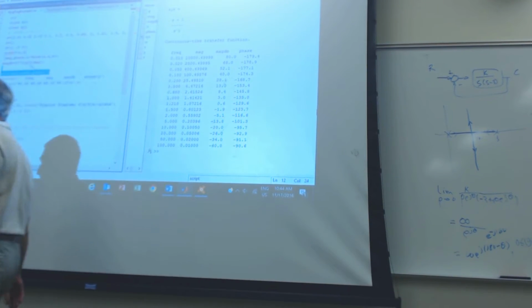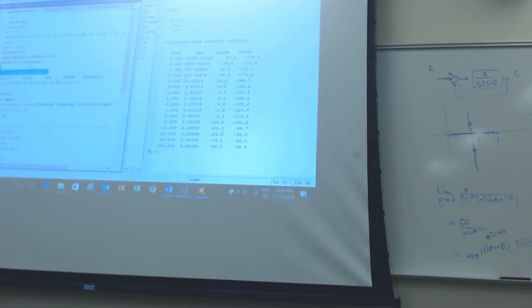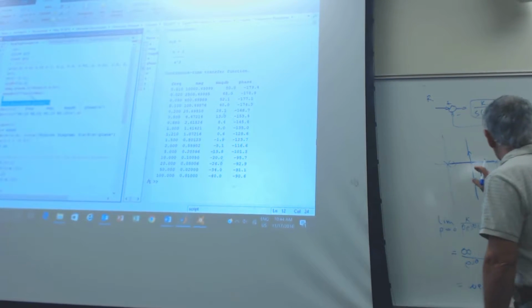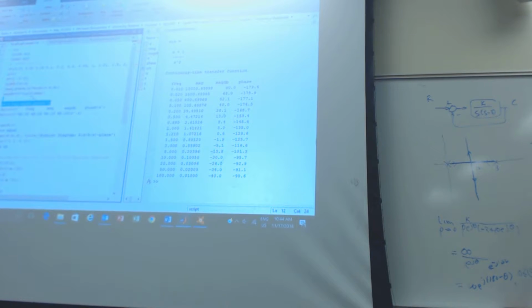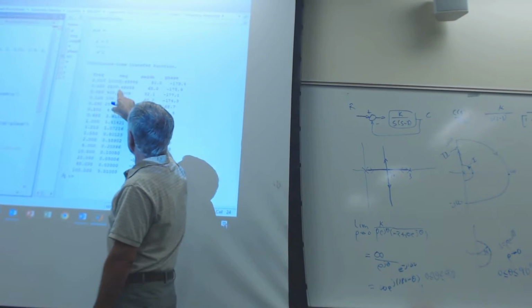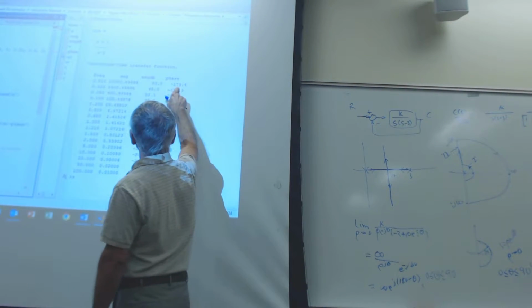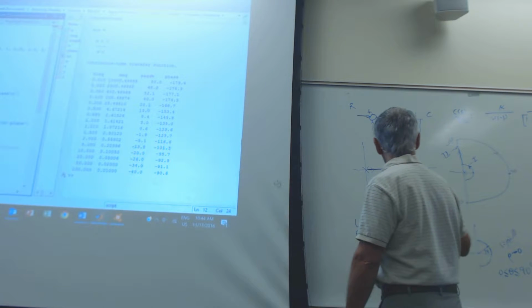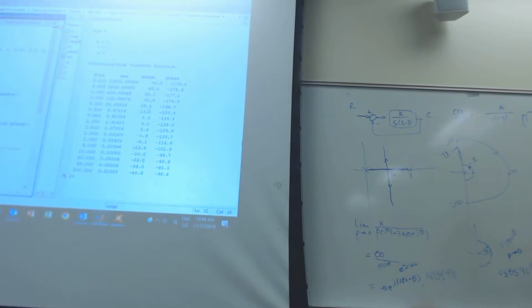We have the pole here at the origin. Let's start with a small positive value frequency. I get a very large magnitude, and the phase is minus 179, which is basically starting here.